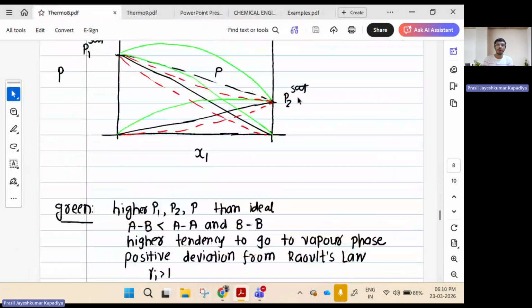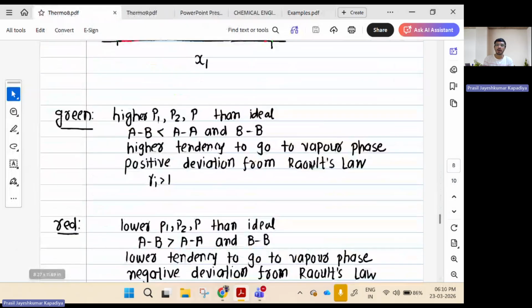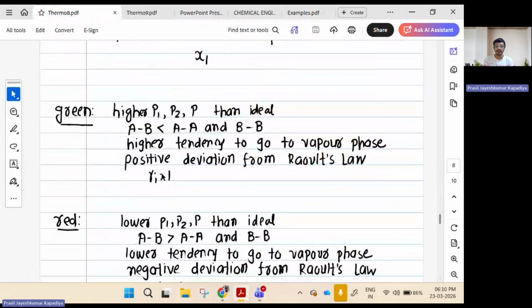So in this case we are getting more pressure, meaning more components are going into the vapor phase. What does this mean? It means that the interactions when we are forming a solution AB are always less than AA and BB. So it has a high tendency to go to the vapor phase, and this shows the positive deviation from Raoult's law. In this case, gamma i is greater than 1.